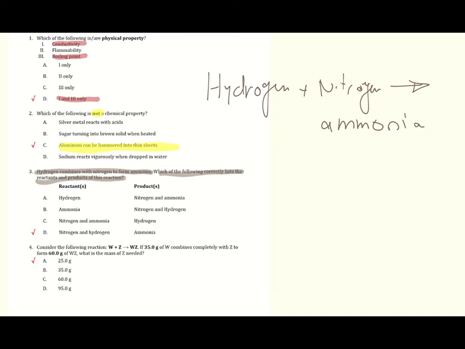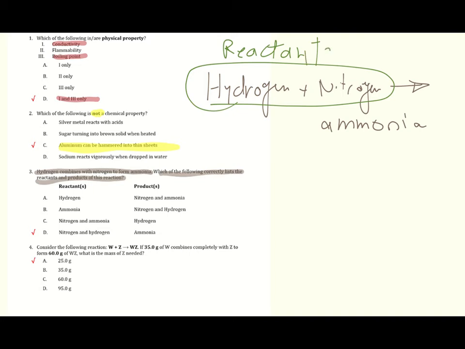What are the reactants here? Both of those, nitrogen and hydrogen, are reactants, and what they produce is the product. Okay, so here the product is ammonia. Reactants are both nitrogen and hydrogen.